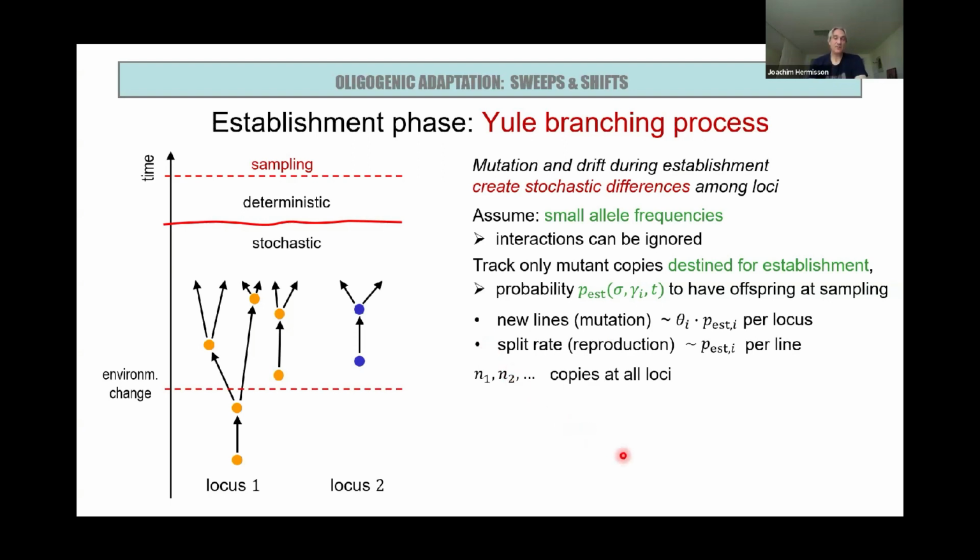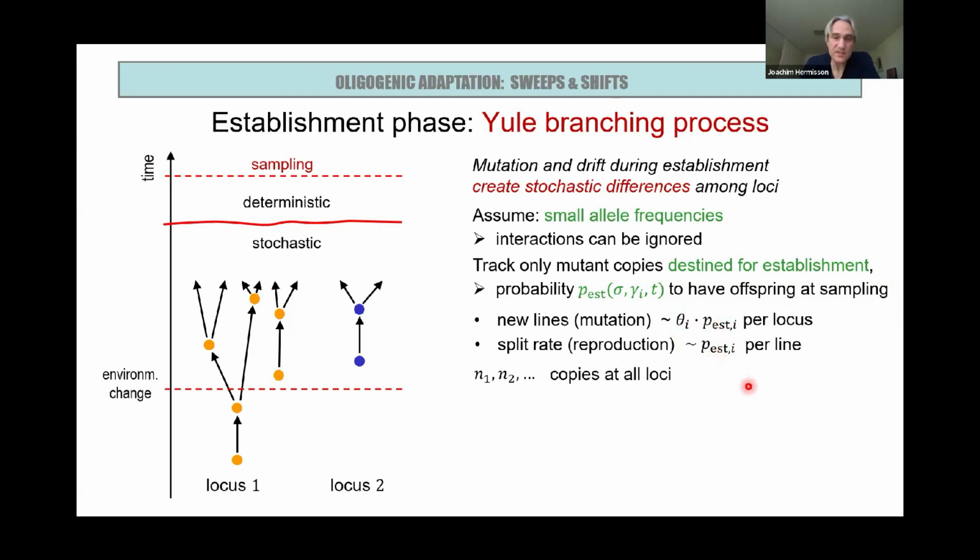Okay, so we have two processes in this Yule branching process. New lines are created by mutation. This is proportional to the population-wide mutation rate theta_i, which can be different for each locus. And we only include a line if it also establishes, so this needs to be multiplied by the establishment probability. So this is the rate at which new lines occur.